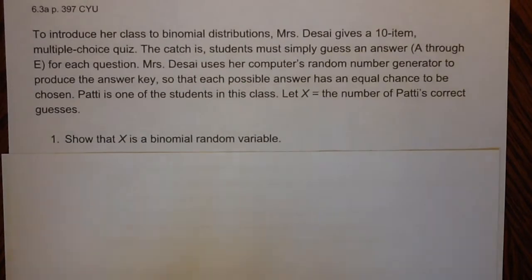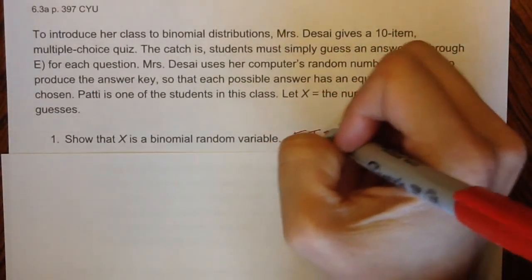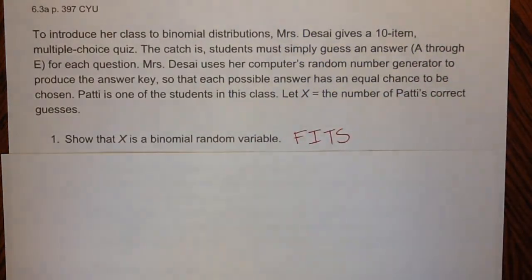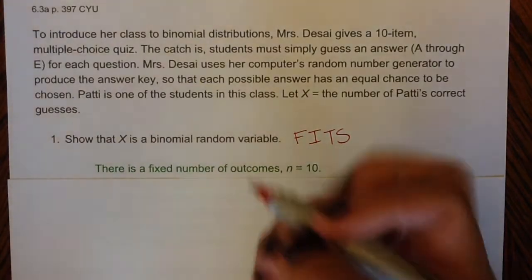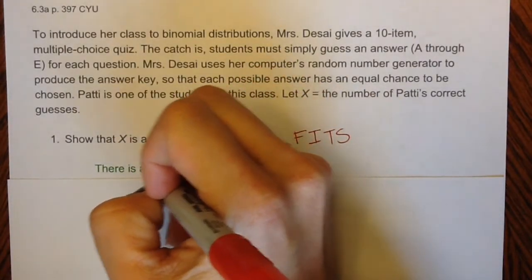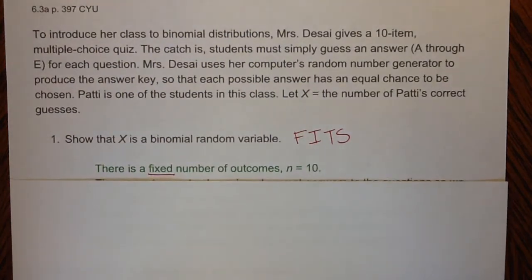Now remember, for binomial, you want to check to see if it fits. So we're going to go through the 4 conditions for fits. The first one is there is a fixed number of outcomes. In this case, n is equal to 10. So the F stands for fixed.